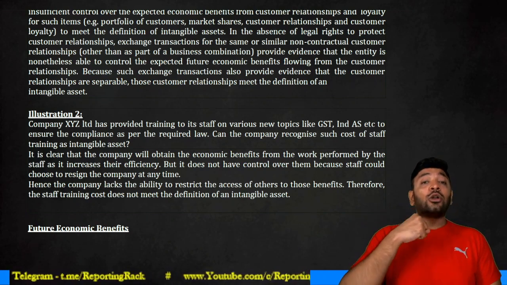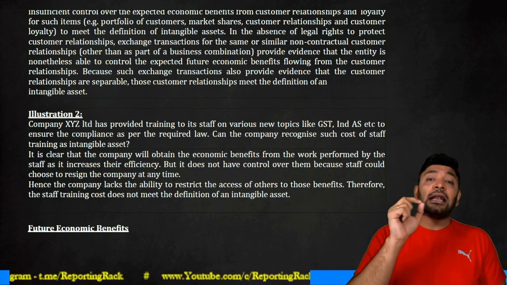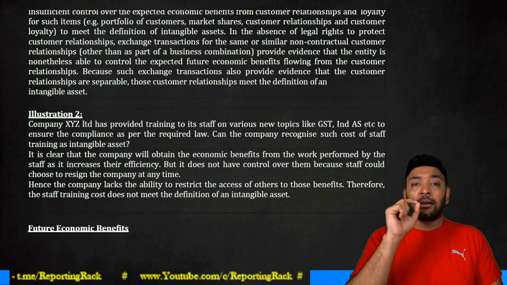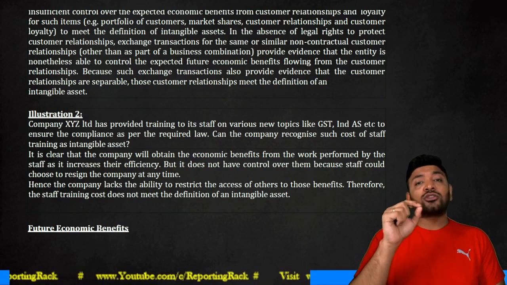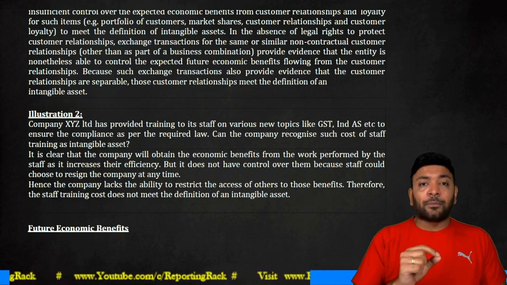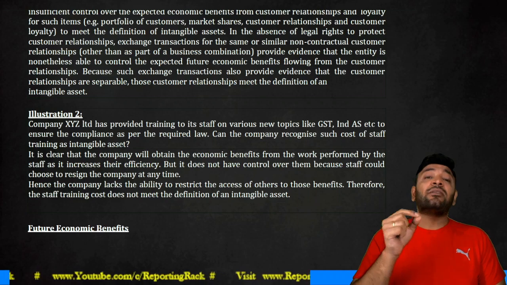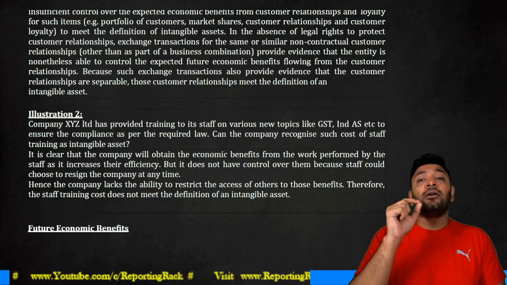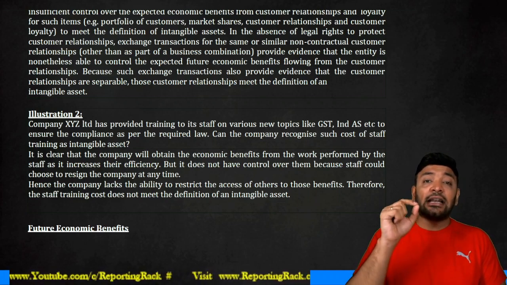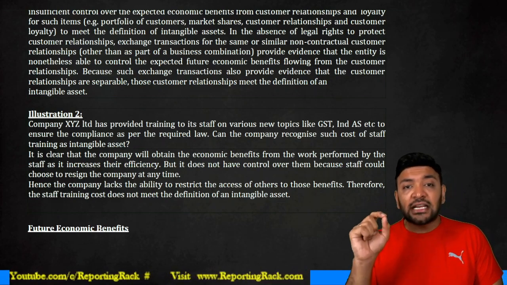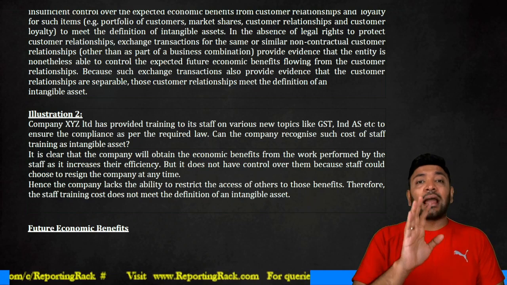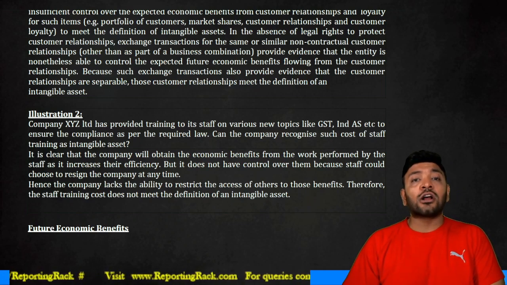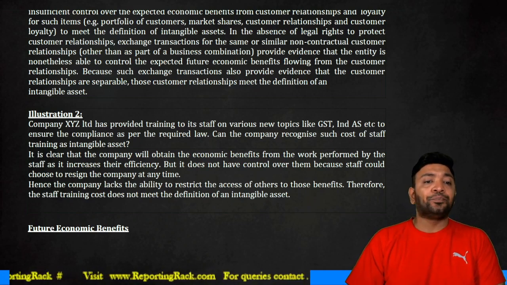However, if I want to capitalize the staff training cost, I need to make sure that certain contracts are in place which are legally enforceable, which will bind the employees to work in the organization for a longer period of time, or even if they intend to leave the organization, the company is entitled to receive certain compensation in this regard. Only in such cases is it possible for you to capitalize this staff training cost as a separate intangible asset.